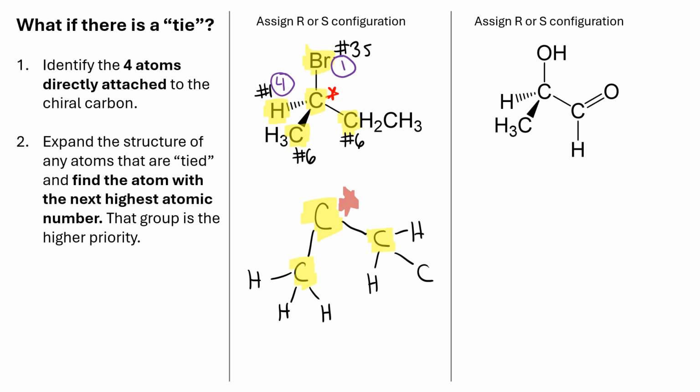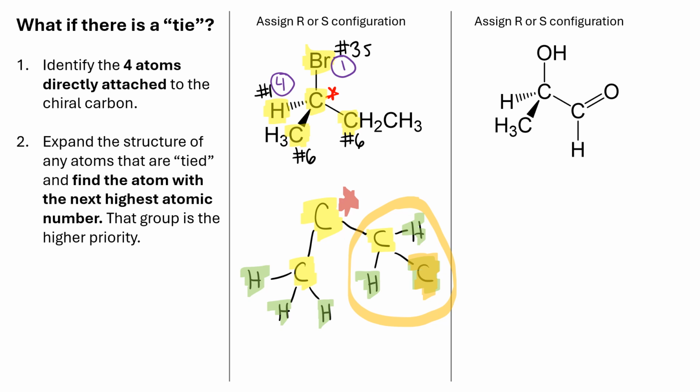And then we go out from there. So hydrogen, hydrogen, hydrogen, hydrogen, hydrogen, carbon. So this group over here, we found another carbon atom, which has a higher atomic number. And so this group, the one I'm circling right here in orange, is going to be our higher priority group, because there is a higher atomic number directly attached to that.